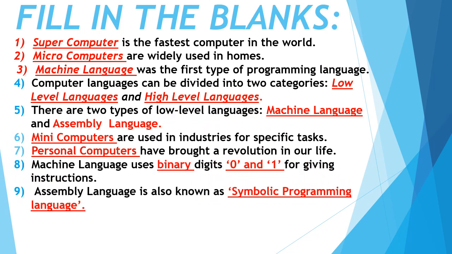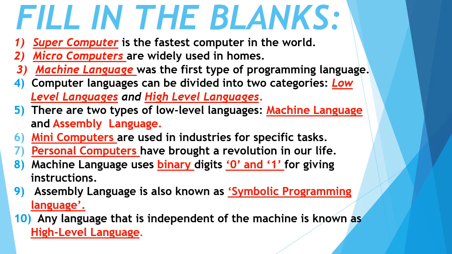Now next, the second name of assembly language is symbolic programming language. Now next one, any language that is independent of the machine is known as high level language. High level language is not dependent on machine. It is machine independent.